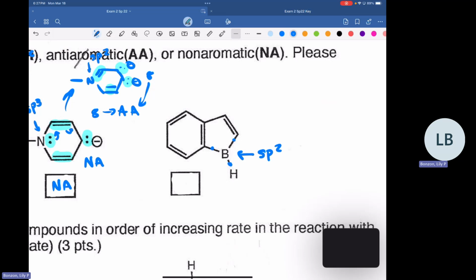So in this one, we can't really do any resonance with this boron. We're just going to have to count our electrons. 2, 4, 6, 8. All right. And so we've got 8 pi electrons. And again, we can't really do any resonance with this one. Can't really push anything around. So this one is just going to have to stay as anti-aromatic.